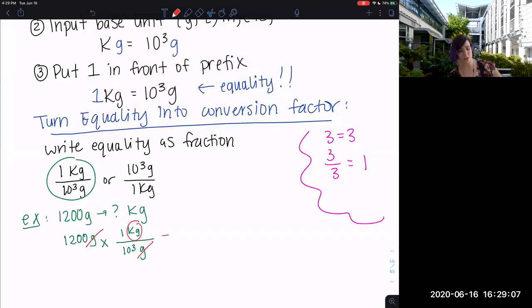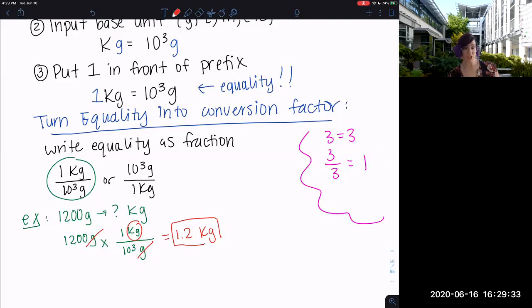I'm left with kilograms. And so I will have 1,200 divided by 10 to the 3, which is going to be 1.2 kilograms. So you can put it in the calculator if you want to, or you can move that decimal 3 times to the left. Or you can take 1,200 times 10 to the negative 3 if you are really good at exponent math. And then turn it back into normal conversion.